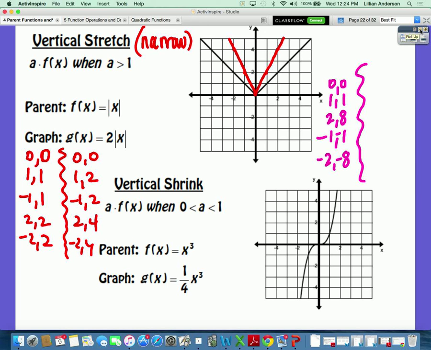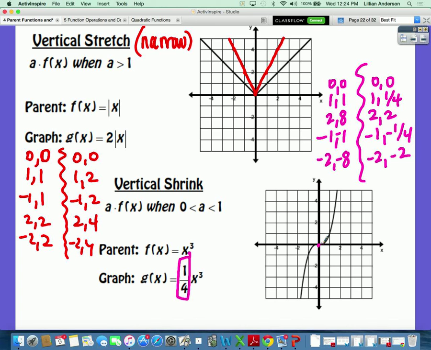I'm going to shrink it now. That means that all of my y's are going to get multiplied by 1/4. So 0, 0 will stay the same. But 1, 1 would turn into what? 1 and 1/4. 2, 8 would be 2, 2. So I'm multiplying all of my y's by 1/4. This would be negative 1, negative 1/4. And this would be negative 2, negative 2.